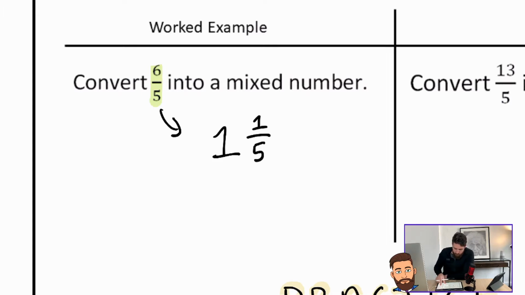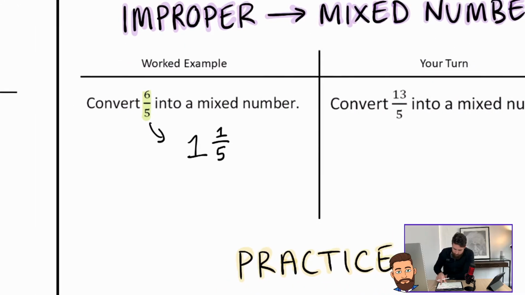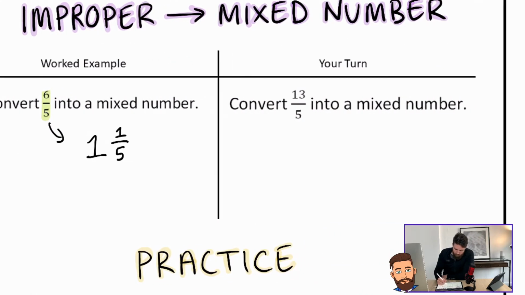So have a go at the next one under your term. You need to convert 13/5 into a mixed number. So I need a whole number and my leftover fraction. Here's your tip. 5 will be the bottom. It will always remain the same.